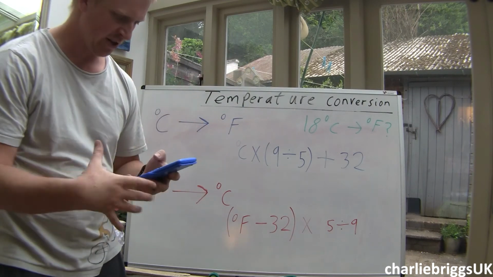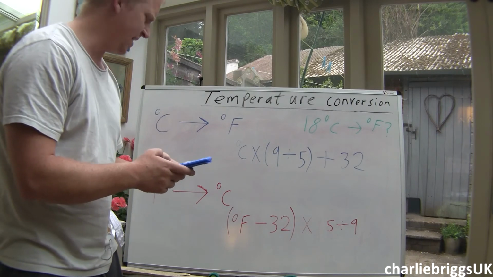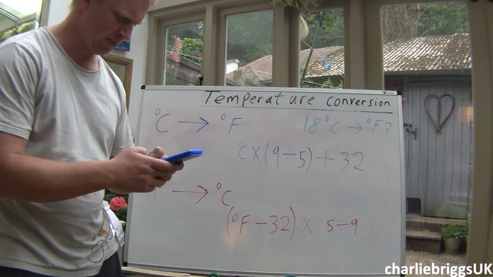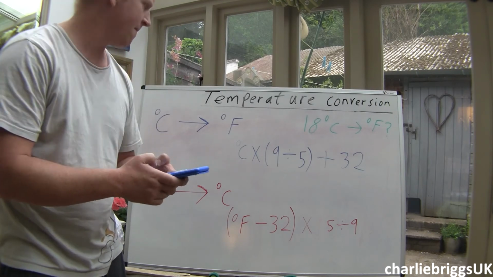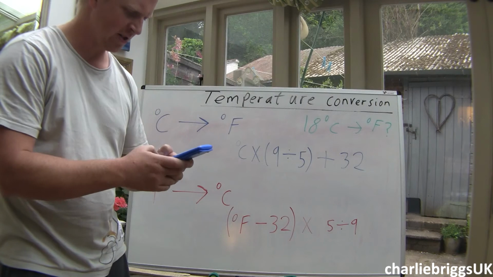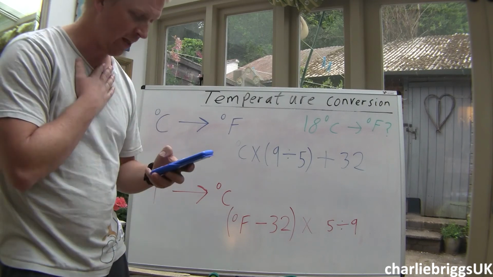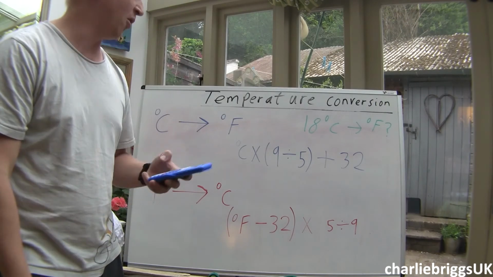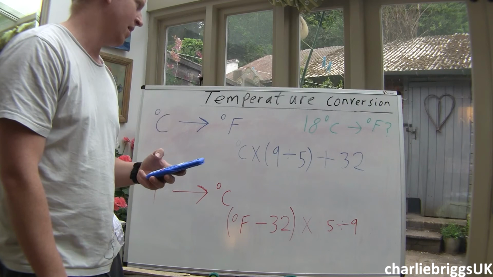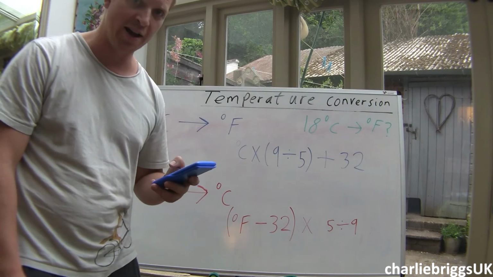So 18 degrees Celsius in Fahrenheit. So 18 multiplied by 9 divided by 5 plus 32 equals... Alright, 64. Okay. 18 degrees Celsius is 64 degrees Fahrenheit.